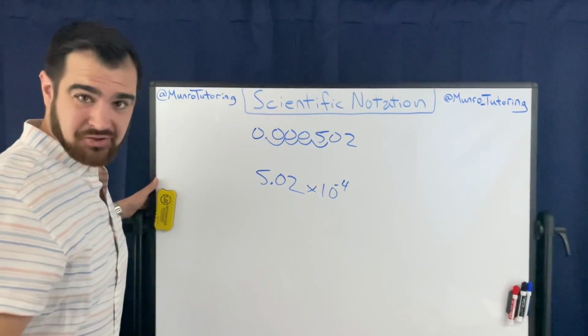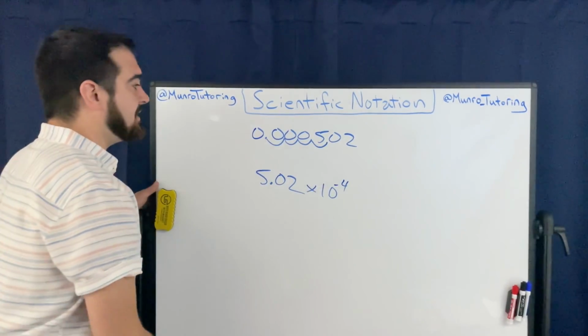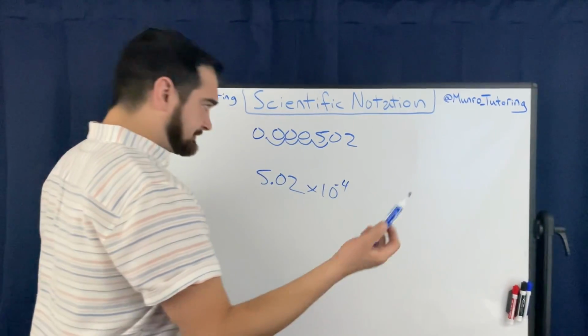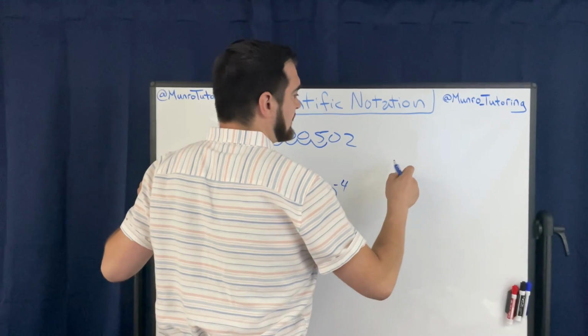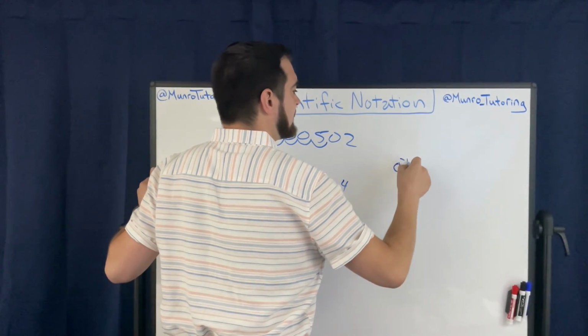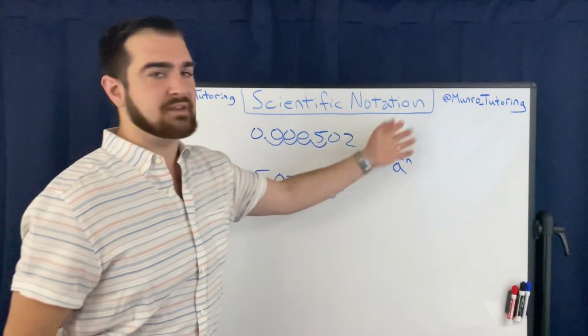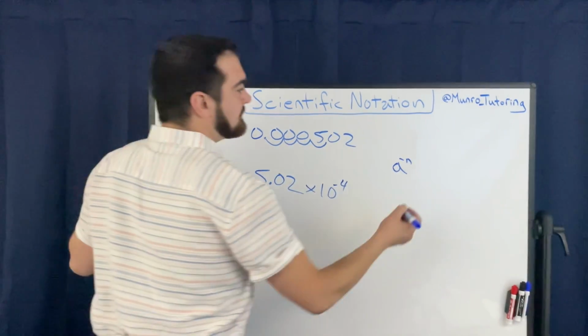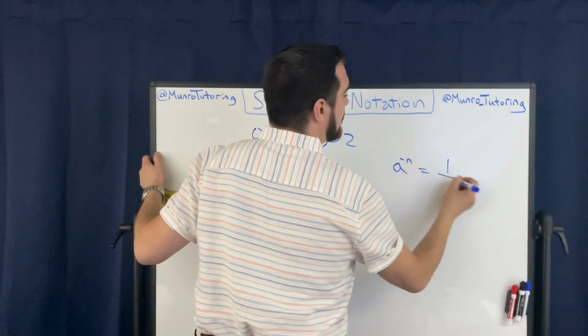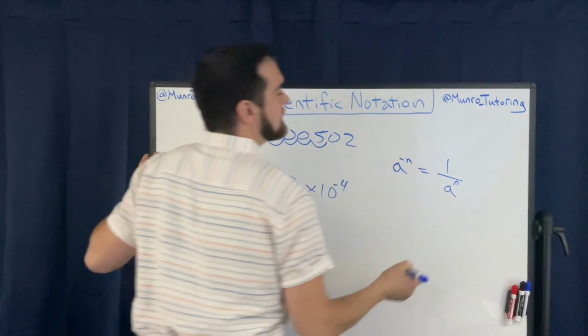Now, if you don't recall or maybe haven't done this yet in math, here is how negative exponents work. If we have, let's just say, a to the negative n power, so this could be 4 to the negative third, whatever it is, this is equal to 1 over a to the n.